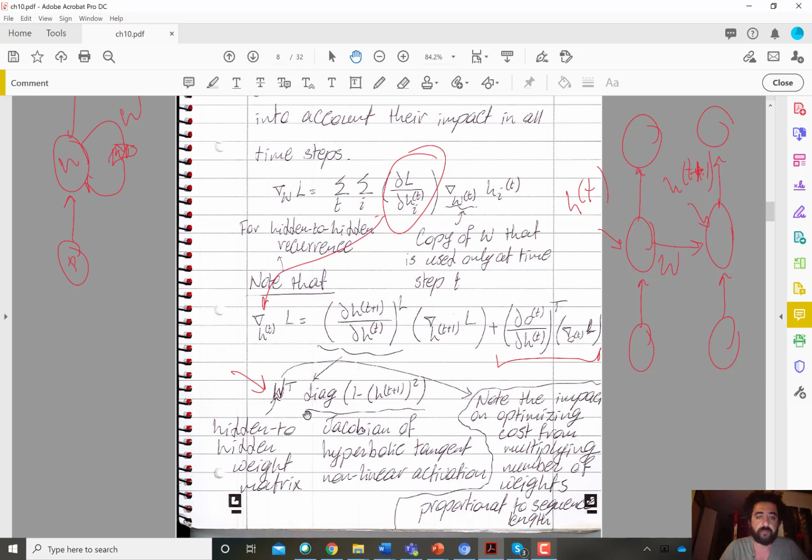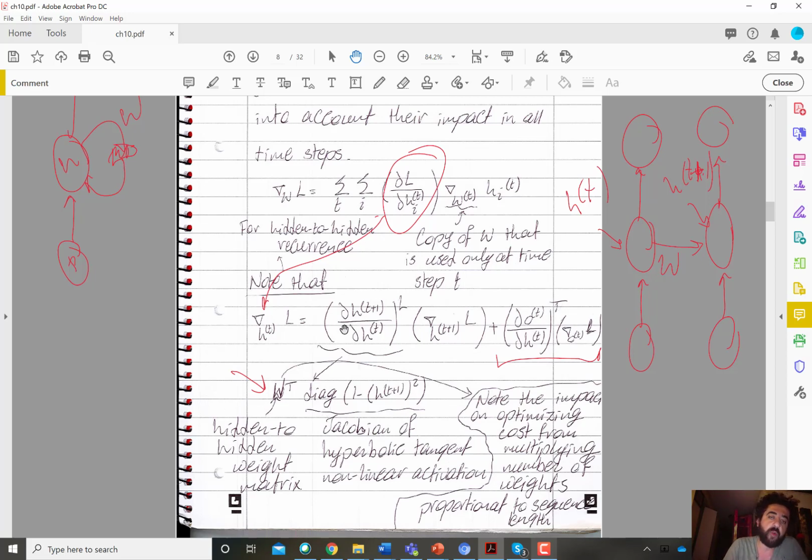So if the nonlinear activation in every hidden unit is the hyperbolic tangent, then the Jacobian of h of t plus 1 with respect to h of t will be given by W transpose times a diagonal matrix whose elements are 1 minus the corresponding element of h of t plus 1 squared, right? So the first element is 1 minus h1 of t plus 1 squared. Second diagonal element 1 minus h2 of t plus 1 squared, and so on, right?